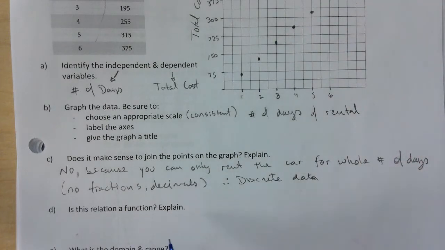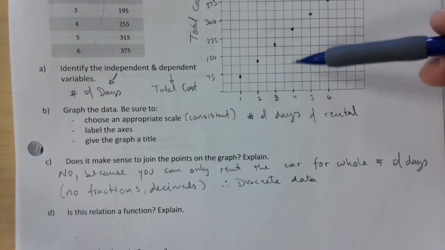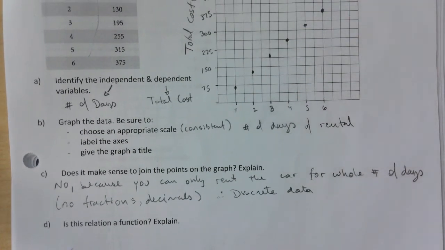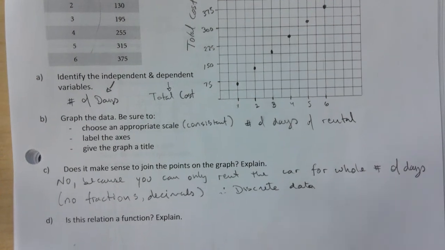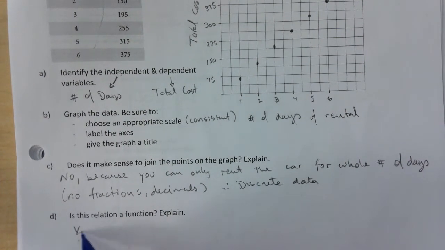Is the relation a function? Explain. It is, right? Like there's no point where you do the vertical line test where you would cross more than one point, right? Yes.